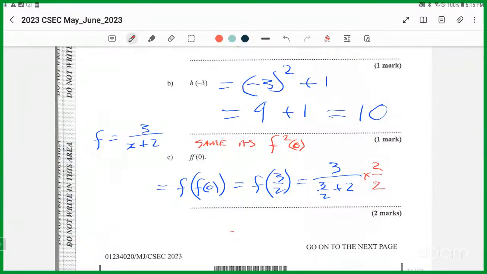I just plug it in the calculator. Multiplying by 2, the numerator becomes 6, and the denominator becomes 3 plus 4, because 2 times 3 gives me 6 and 2 times 2 gives me 4. So it becomes 6 over 7 is the answer.